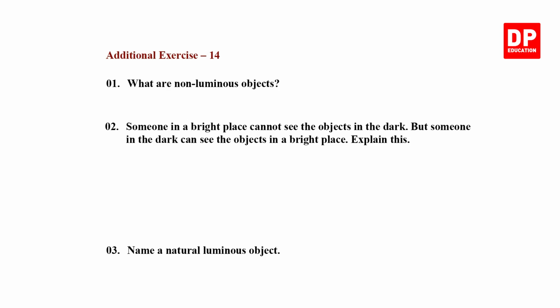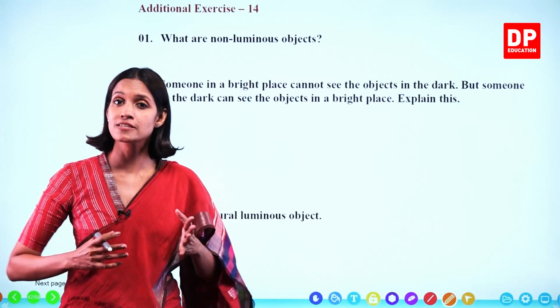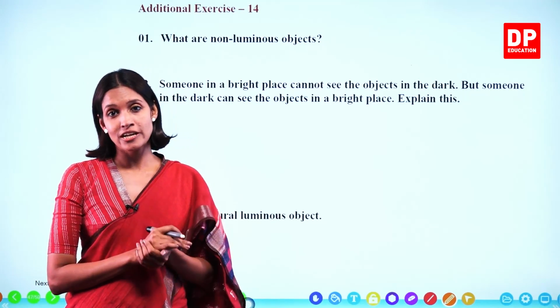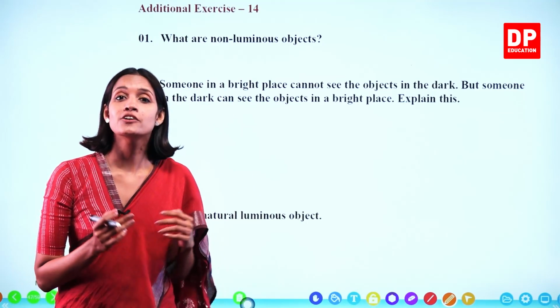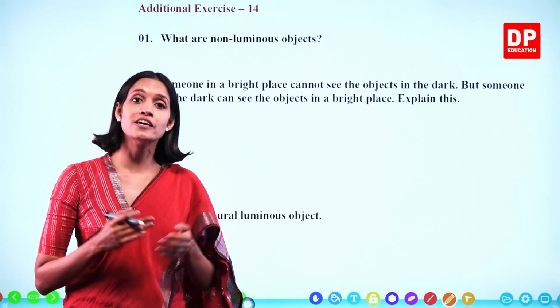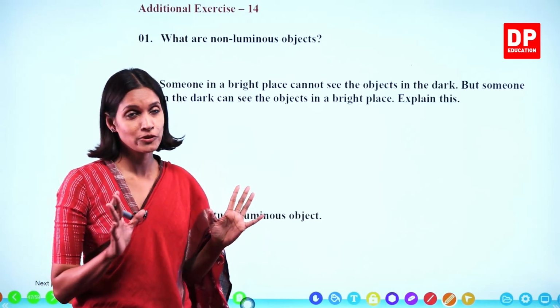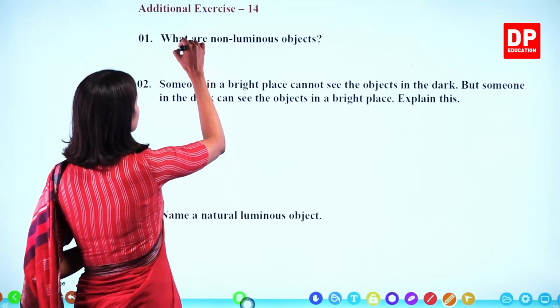Right. Exercise number 14. What are non-luminous objects? Now, luminous objects means the objects that can emit their own light or produce their own light. What is the meaning of non-luminous objects? Non-luminous objects are the objects that do not emit light. Okay, let's write.